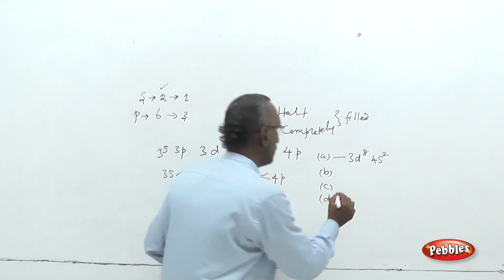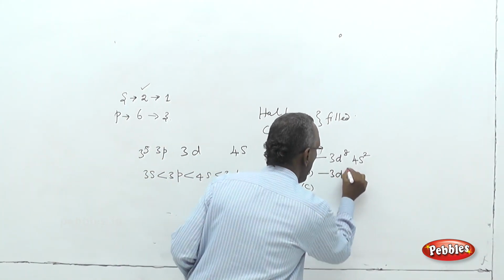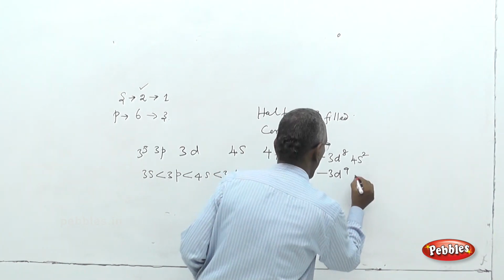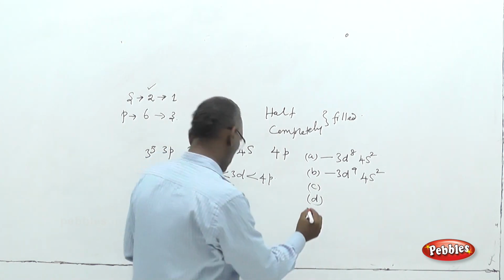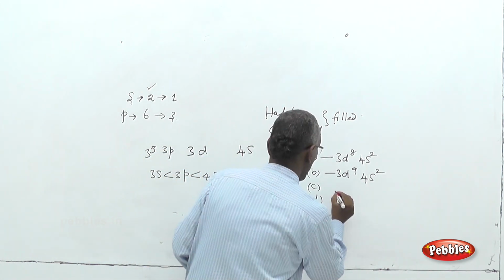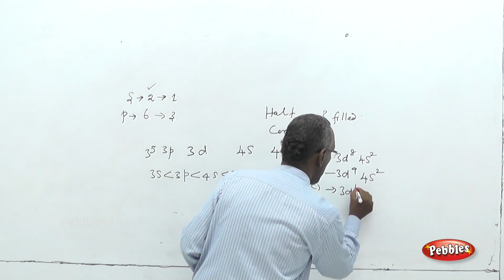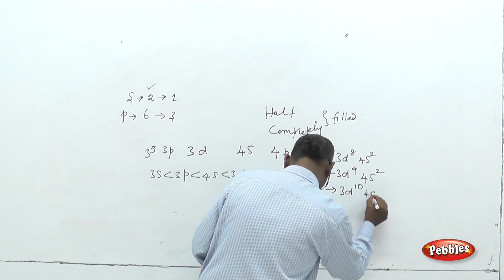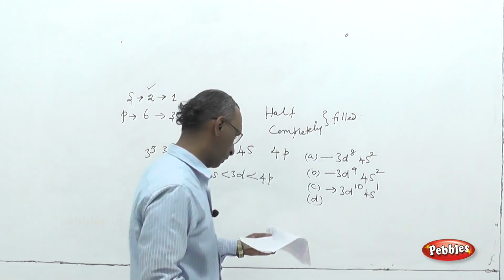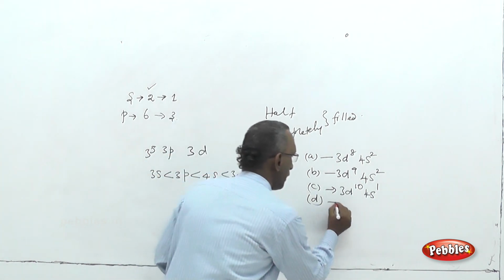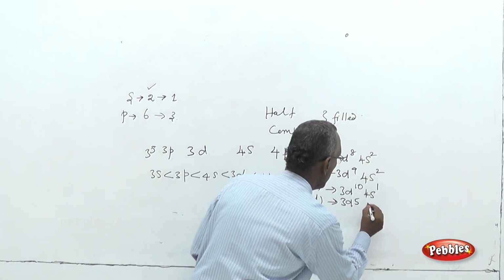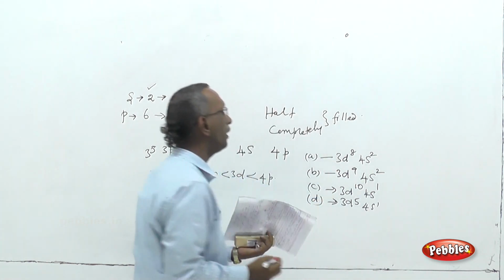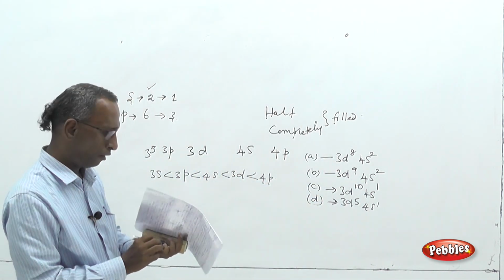Second choice 3d9 4s2. Third choice reads 3d10 4s1. Fourth choice 3d5 4s1. It is mentioned in this fashion.